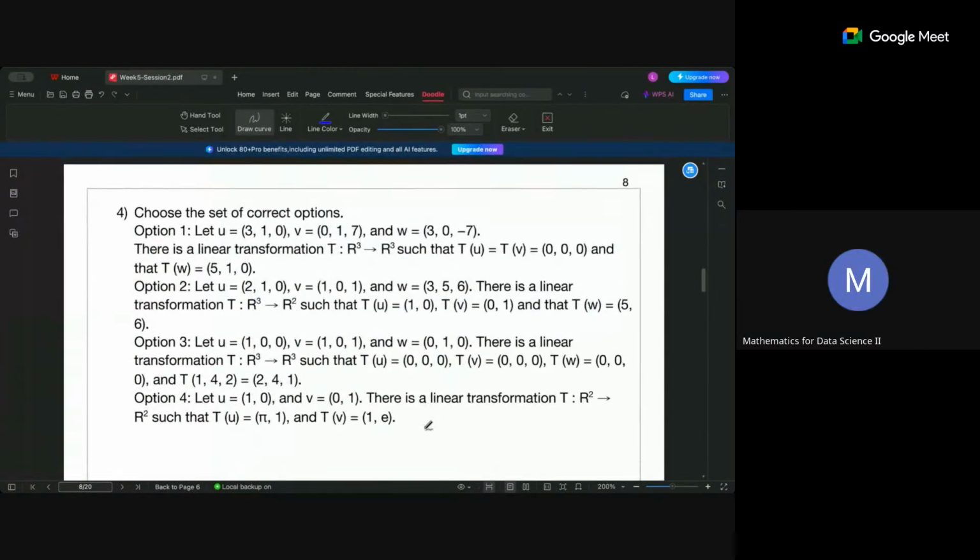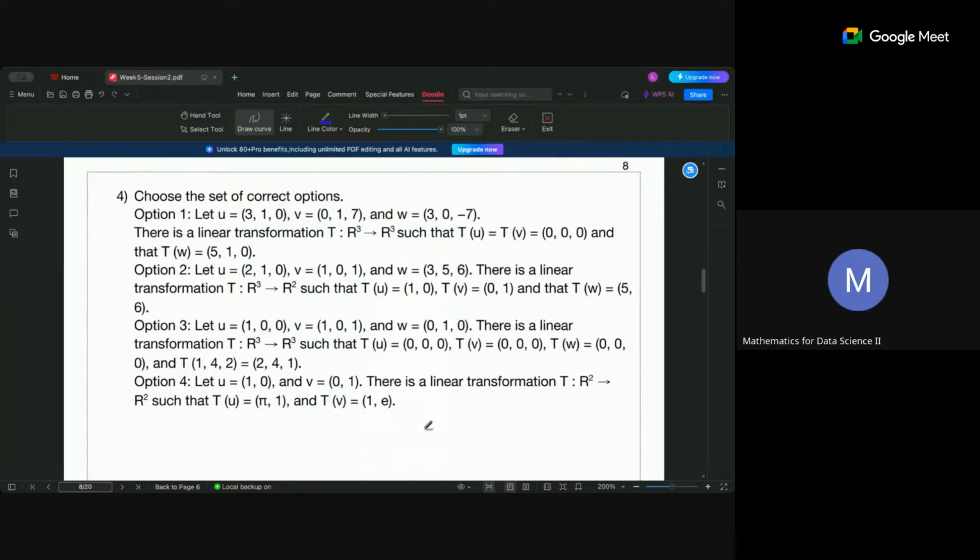Okay. So now look at this question. In option 1, you have three vectors u, v and w. Do you see any relationship between these vectors u, v and w?